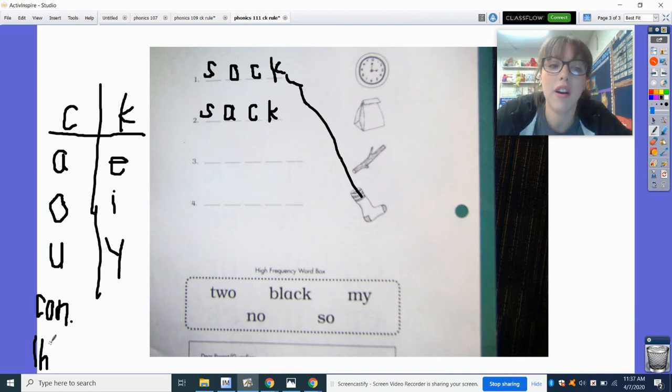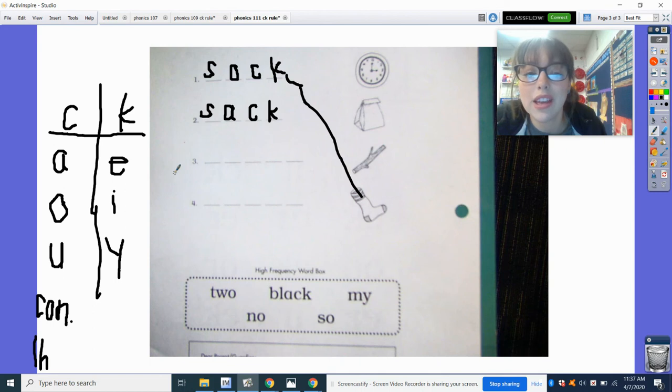So let's look in our word. Our word clock had K, O. So the O is a consonant. So should you use C or K? You're right, you should use C.